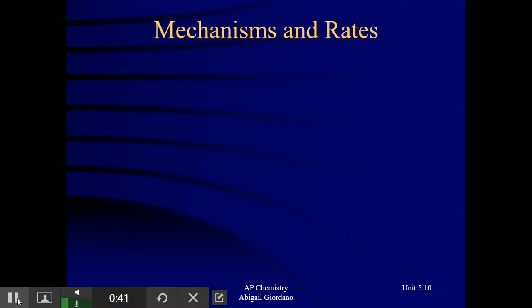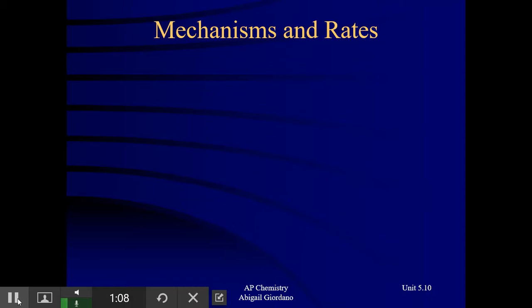So let's get started. Let's just review for one quick second. We have looked at reaction mechanisms, and if you'll recall, a reaction mechanism has two or more elementary steps, and one of those steps is going to be the slowest in speed, and we called that step the rate determining step.